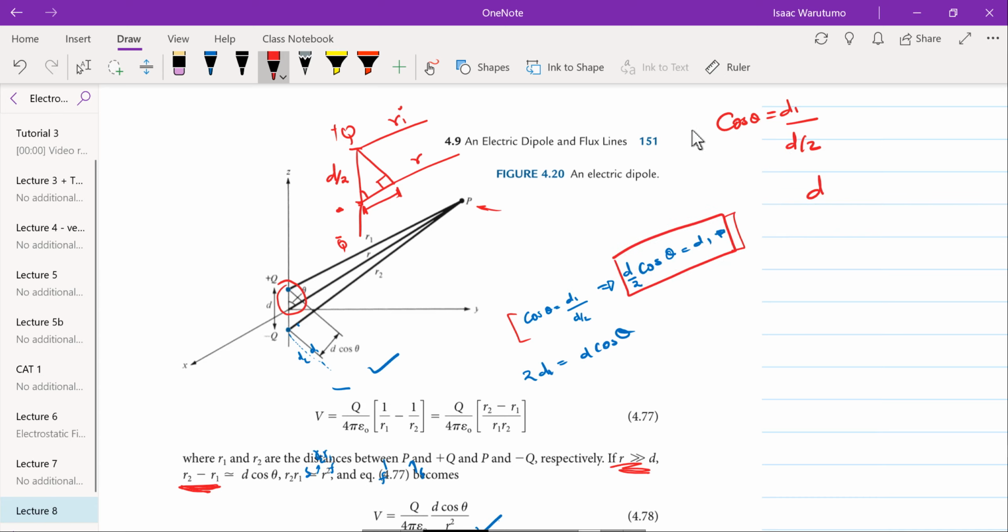Taking d over 2 multiplied on this side, this cancels that. We have the length of d1.